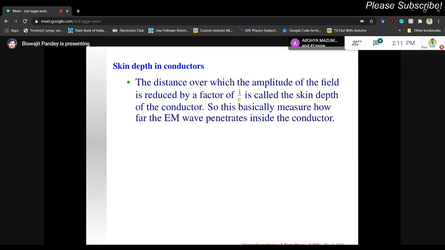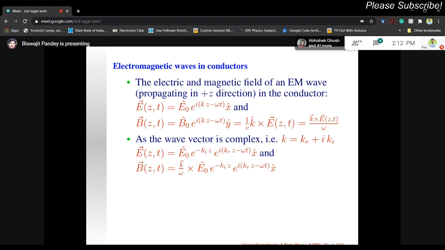Here we are trying to define a skin depth, because you can see that the electric field amplitude will decay as the electromagnetic wave propagates inside the conductor. Based on this fact, we define a quantity called skin depth.